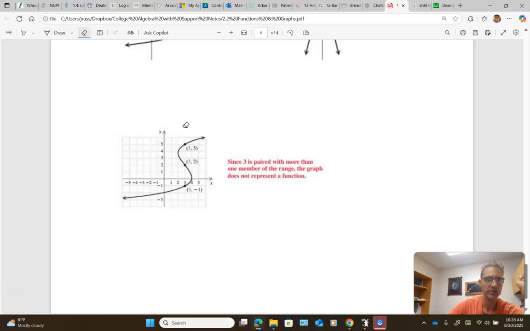If I arbitrarily choose to put a vertical line here, okay, then you can see this vertical line is actually crossing the graph of this mathematical relation in three different places.